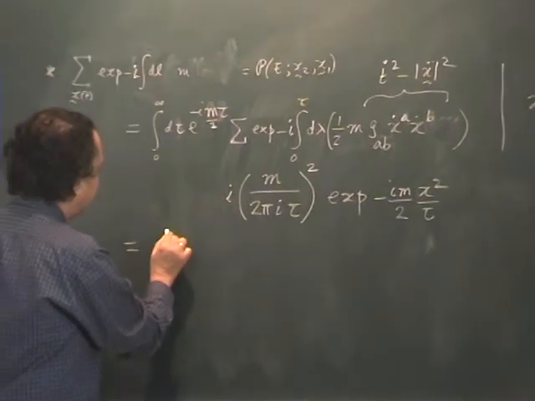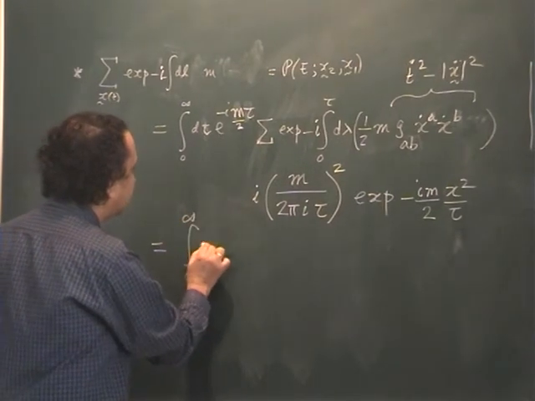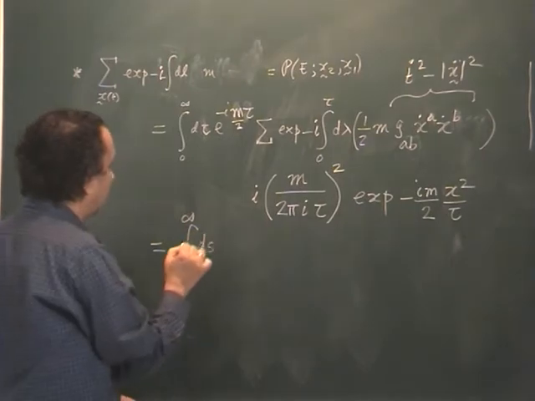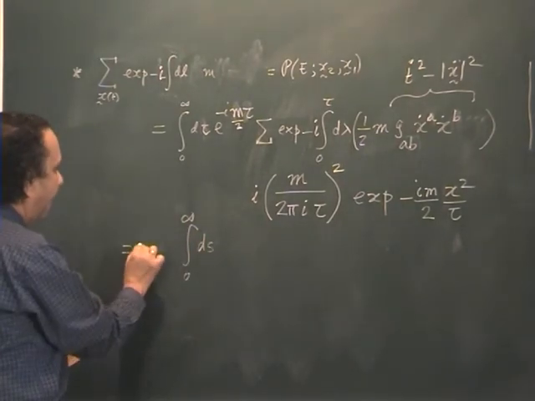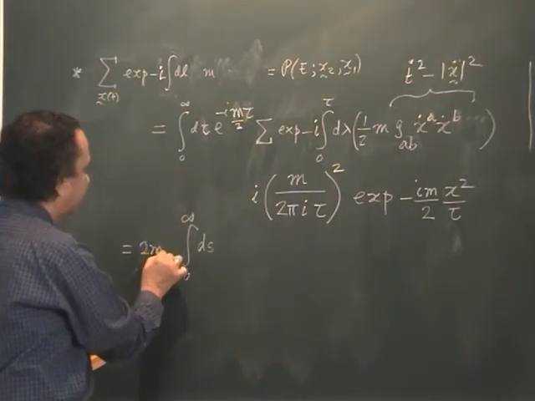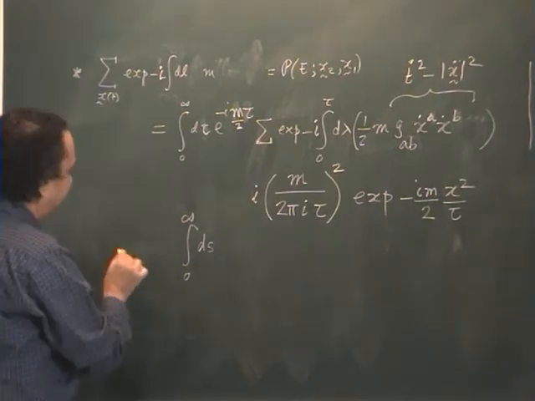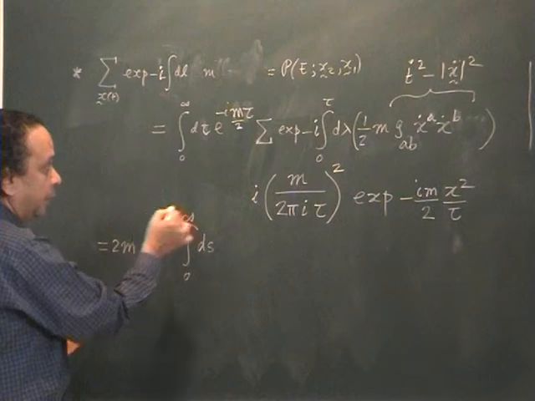So I got this as integral 0 to infinity ds with an extra factor of 2 outside. Then I kept 1 m out. Okay, I need more space. I kept 1 m out.